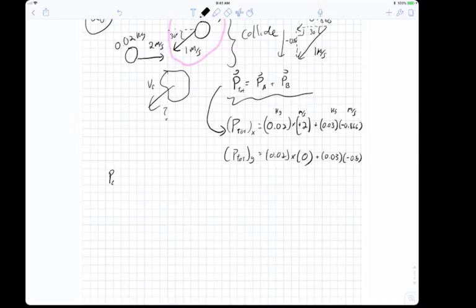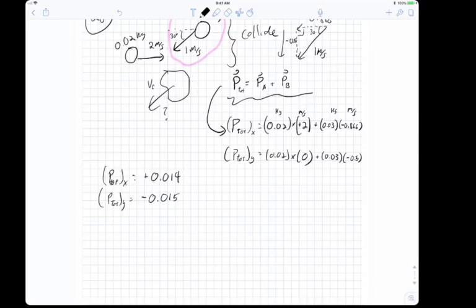P total in the x direction, P total in the y direction. So this is plus 0.014, and the other one is minus 0.015.